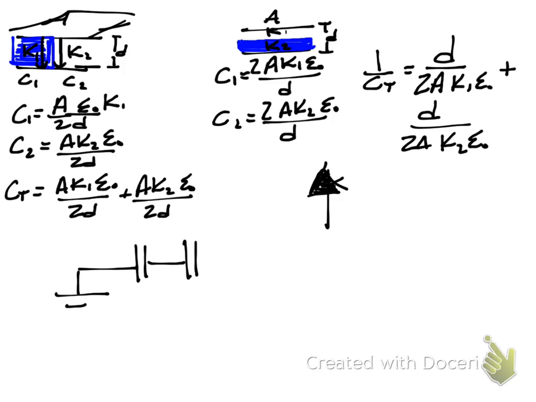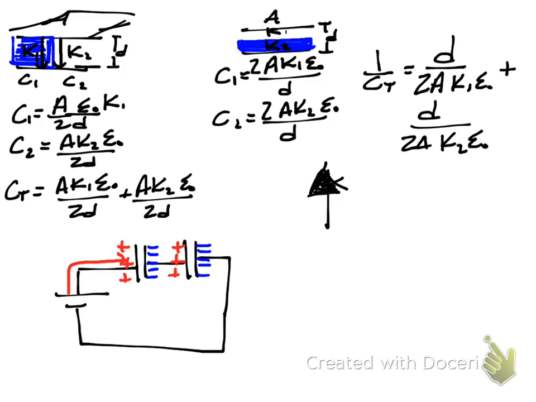So if we have capacitors in series like this, and what we get from a circuit, the battery is going to pump positive charges onto this side of my capacitor, which is going to induce a negative charge over here, which means it's polarized, so we have positive on top, positive on one side, negative on the other. So we have the same amount of charge going all the way across, which agrees with what we were saying about capacitors in series.